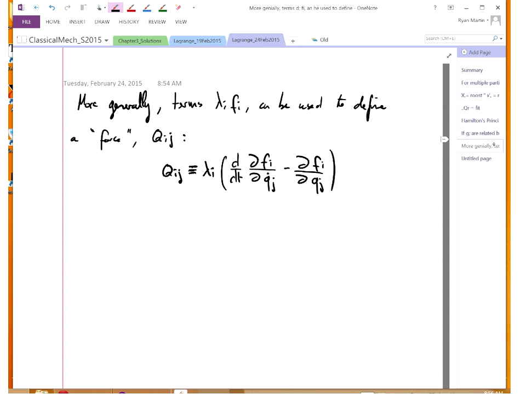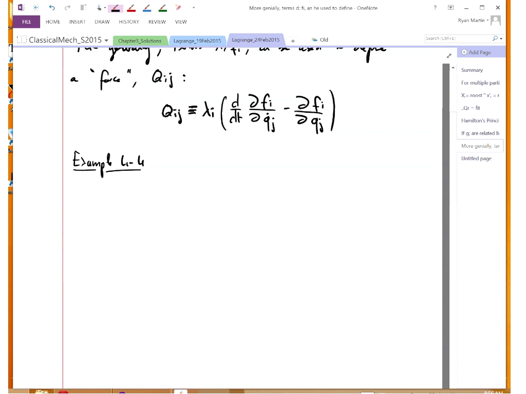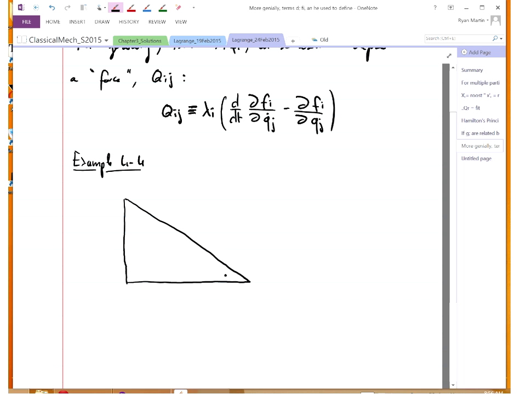All right, so let's do an example of this. This is example 4.4 in the notes. In example 4.4, we again have an inclined plane, and our inclined plane makes an angle theta.